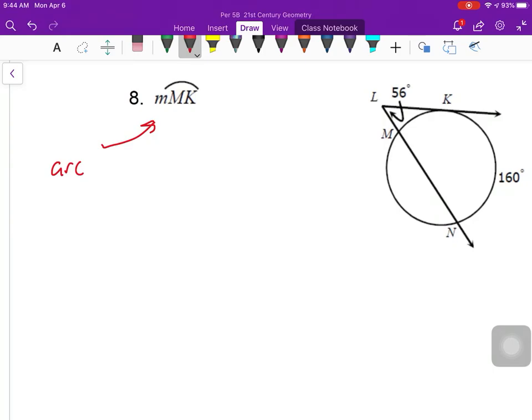Number 8. Okay, number 8, as you can see, we are looking for an arc again. So I'm going to call that arc X. The one we're looking for then is this one right here. We have the larger arc out here. We're going to set it up the same way we did before, but this time, this is the small arc.